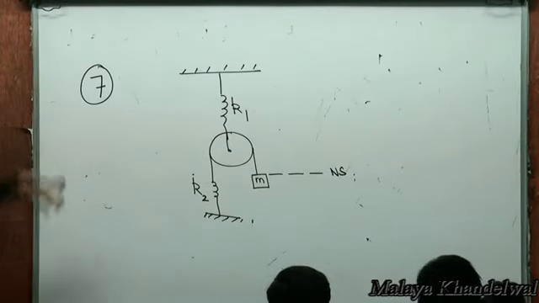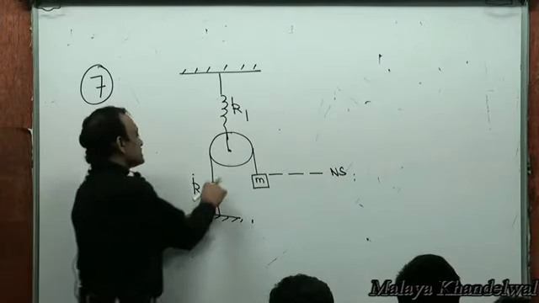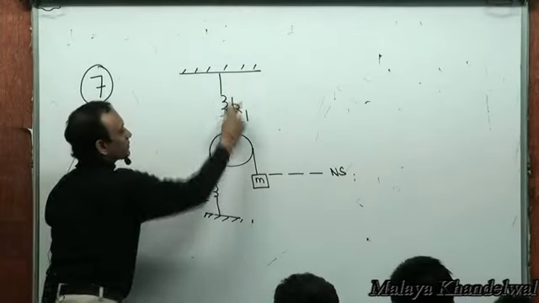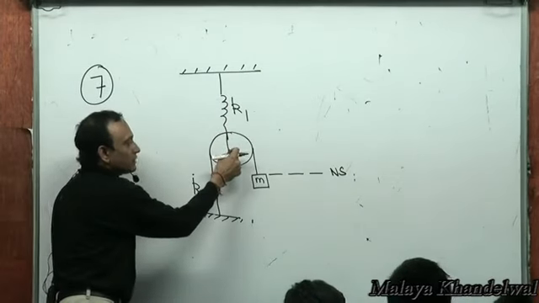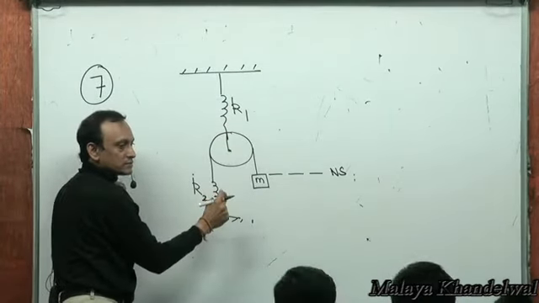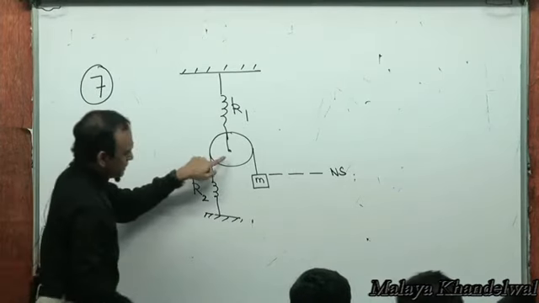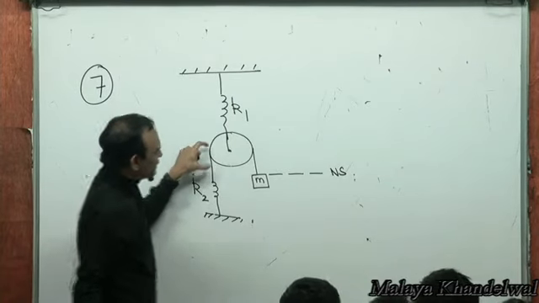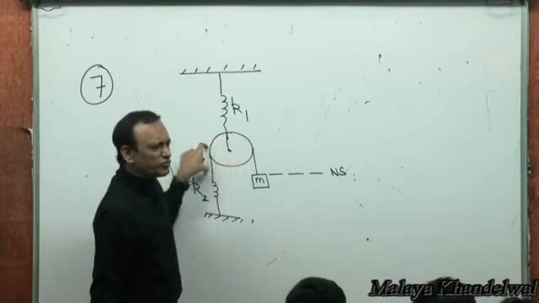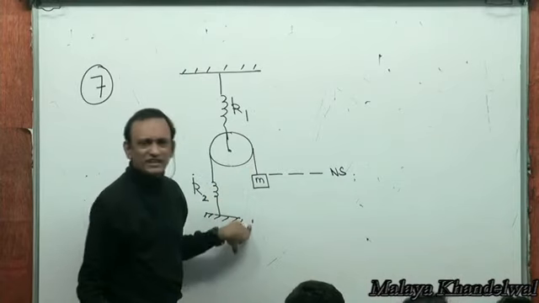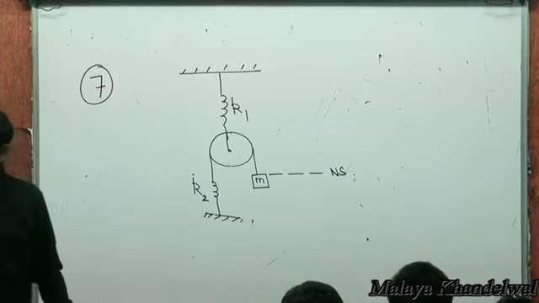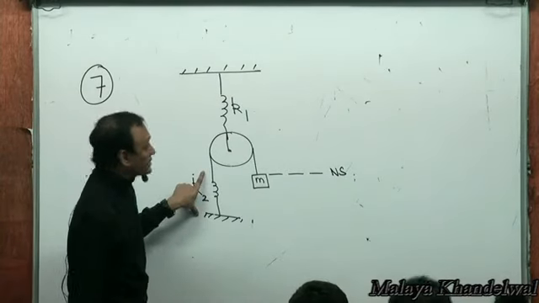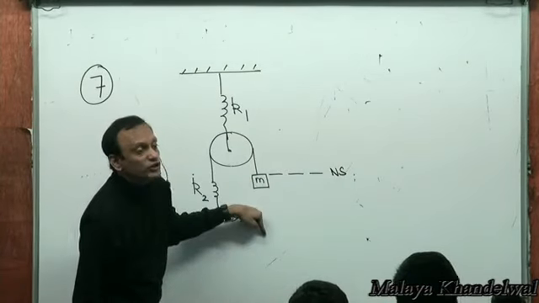If this spring, for example this top spring, elongates by an amount x, then this pulley will descend by an amount x. It will leave me x units of free length on either side. This mass m will descend by an amount 2x. If this spring elongates by an amount x2, this mass will descend by an amount x2.